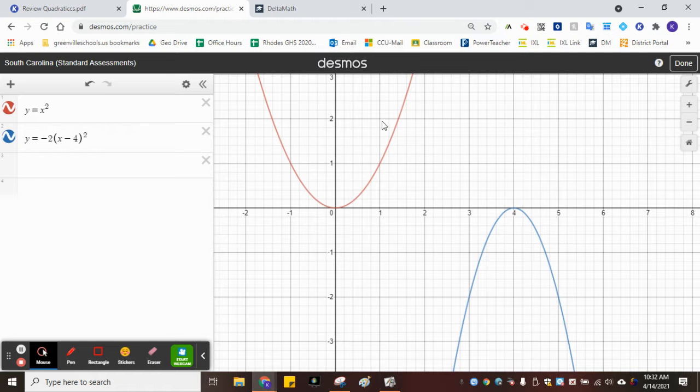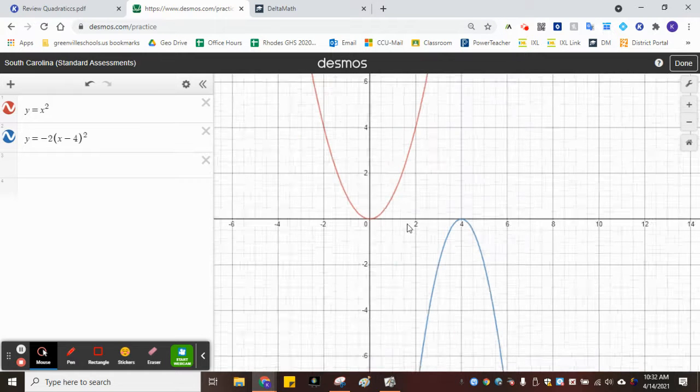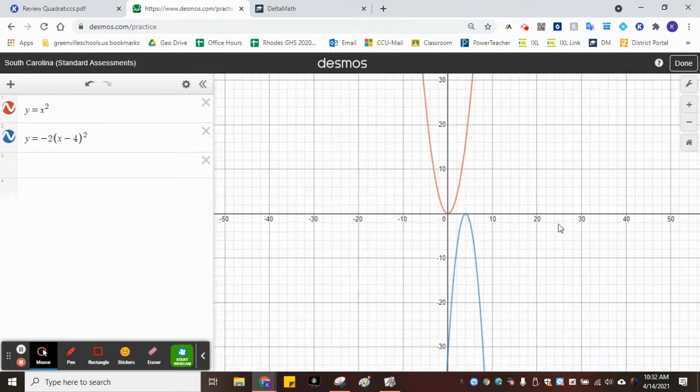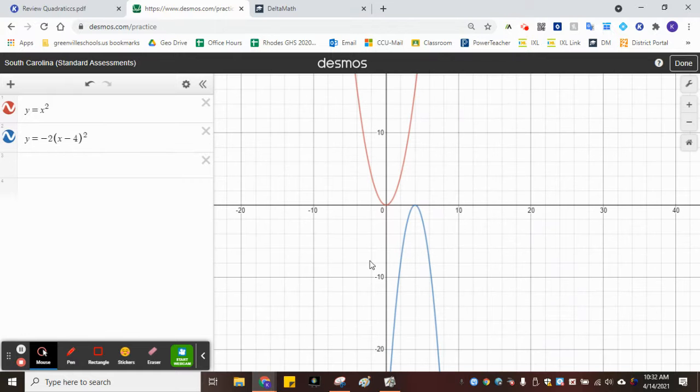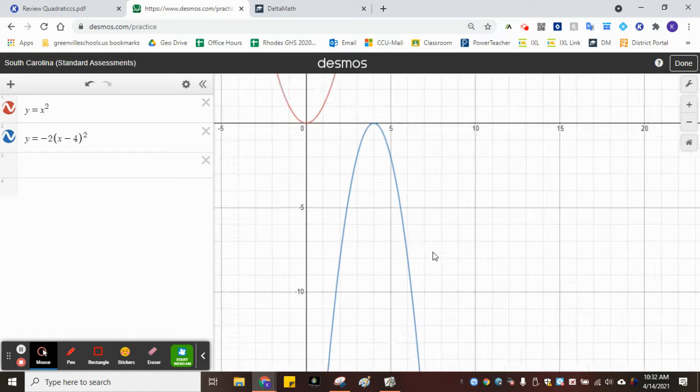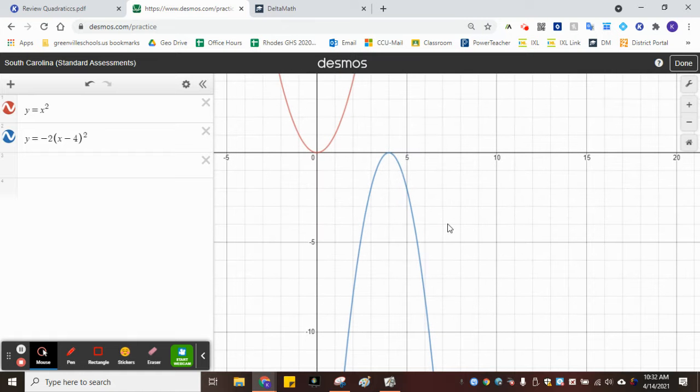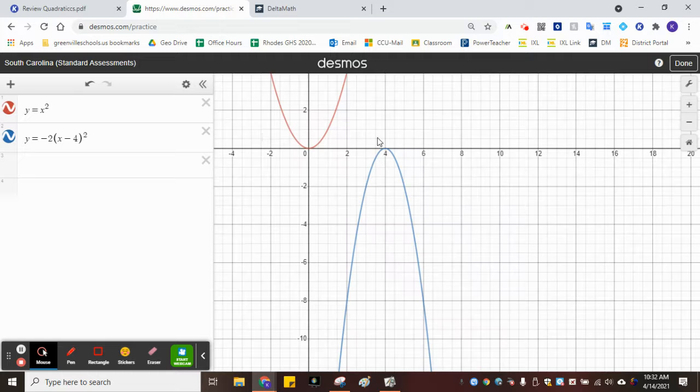What's hard in this one is to see that it's skinnier. It's more narrow. It's easier to see if I zoom out a little bit. Not that easy, but it's skinnier. It's not as wide. The blue one's skinny, so it's more narrow.